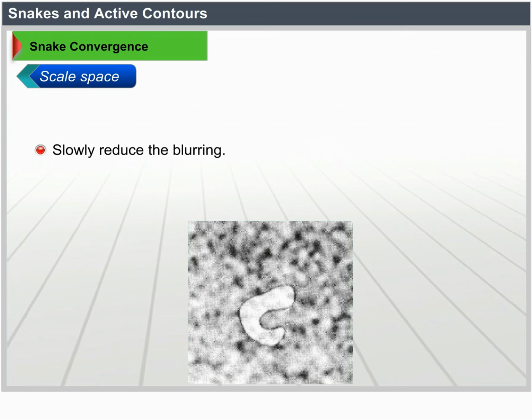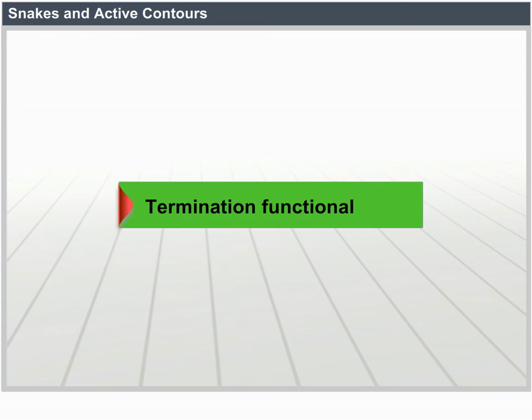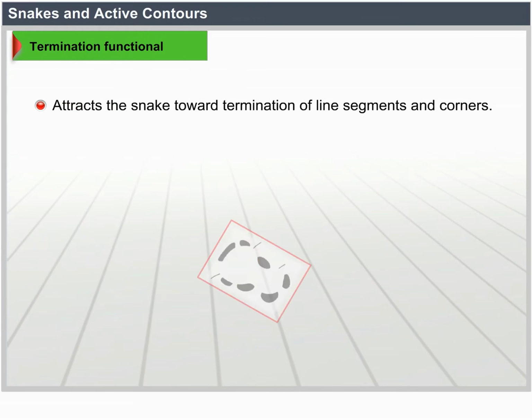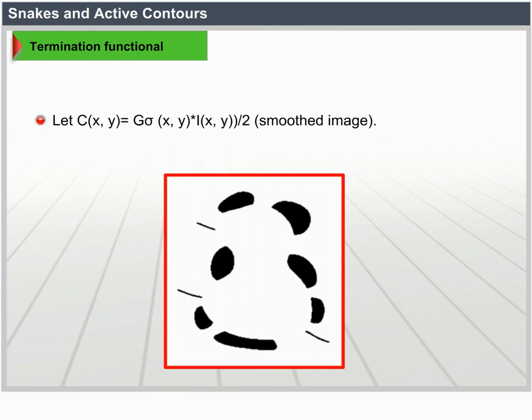Termination functional. It attracts the snake towards termination of line segments and corners. Let C of x, y equal G sigma of x, y convolved with I of x, y, the smoothed image. Let theta equal tan inverse of Cy by Cx be the gradient angle.